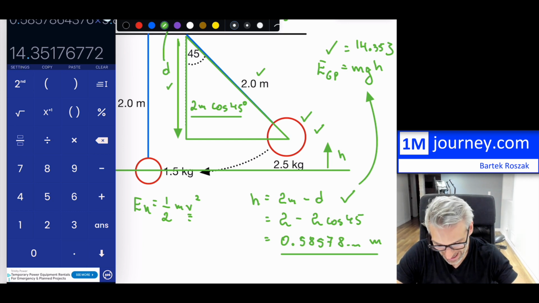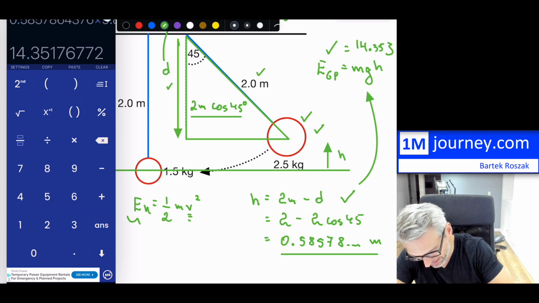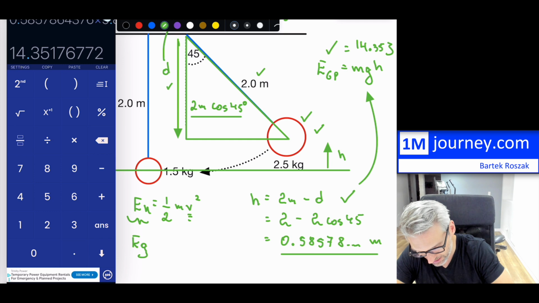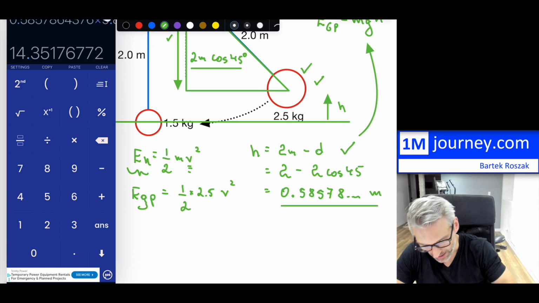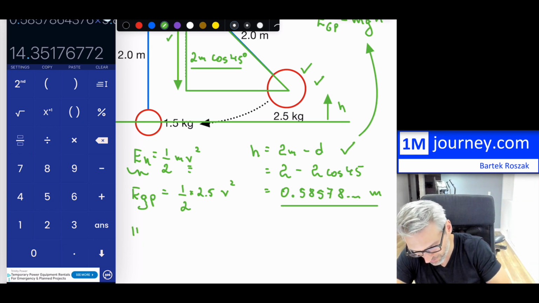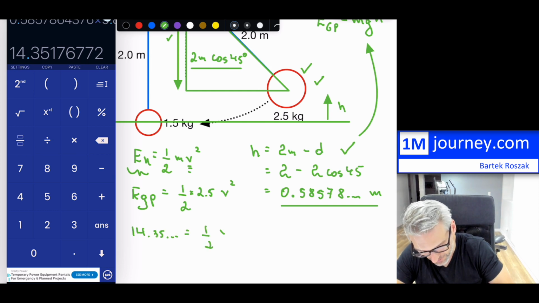Now, all of that goes into the kinetic energy. So all of this gravitational potential energy that I have is going to be transferred in, and this is 2.5, and therefore I can find out what that speed is of that big ball. All right, so I have all of this information: 14.35, etc. equals 1/2 times 2.5 times v squared.